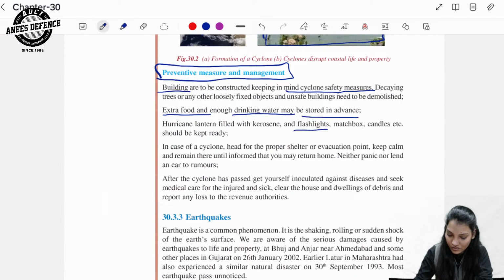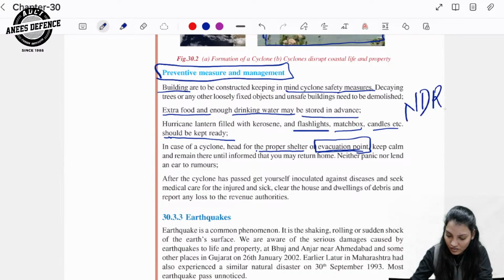You should have flashlights, matchbox, candles. You should have these things ready. In case of cyclone, you should have an evacuation point. You should evacuate from that location. For that, as I told you, the NDRF team is there, which is working for evacuating the people from the affected region to a safe region.